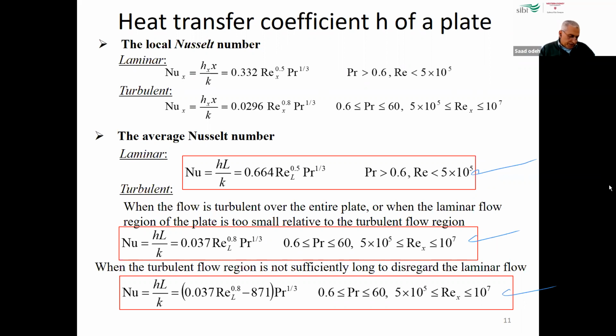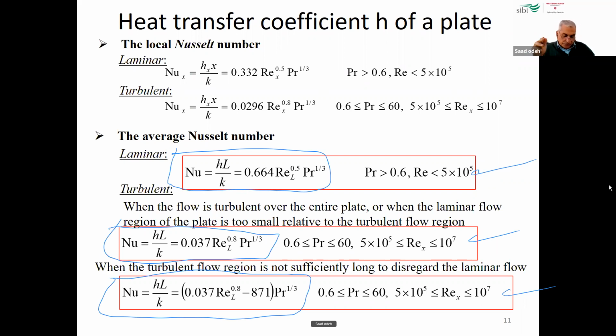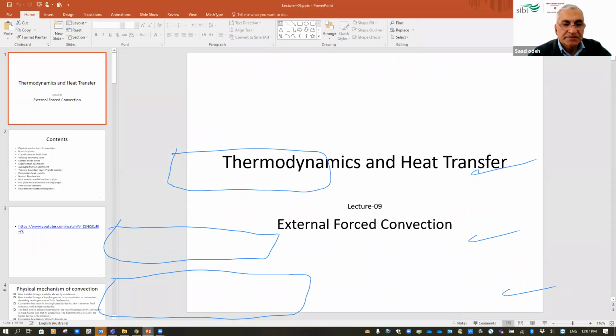So this is for laminar, this is for turbulent, and this is for transition, or a combination of laminar and turbulent. Okay, write it down, please. I will call your name while you are doing this, just to save time.